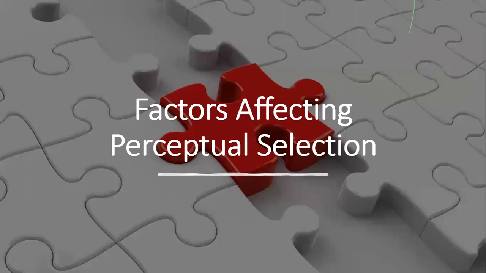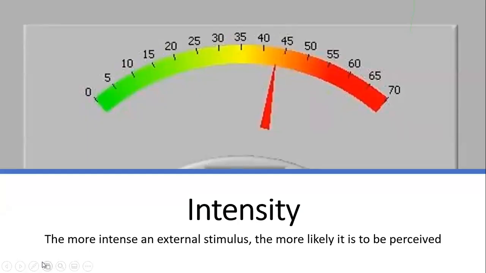And right now, we'll look at some of the factors that affect perceptual selection. Some of these factors are what would enable you to perceive correctly or incorrectly. You understand? So the first factor is the intensity of the stimulus.